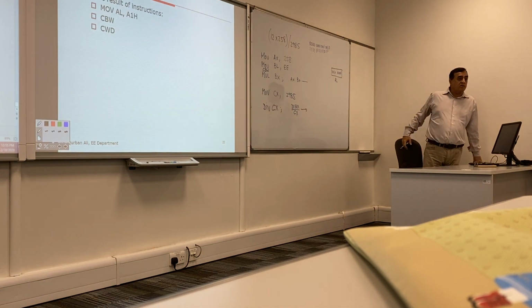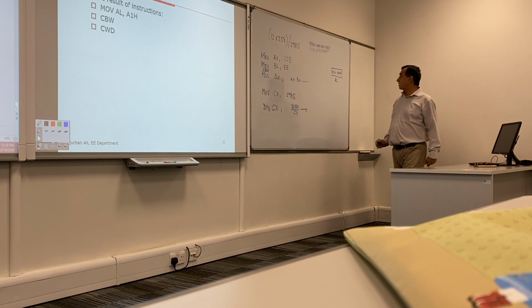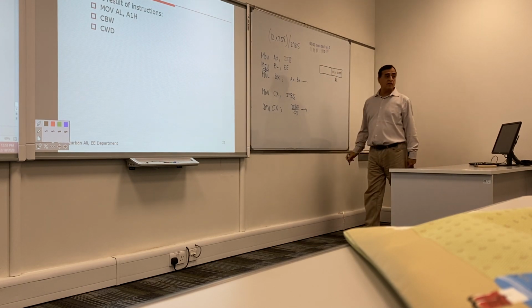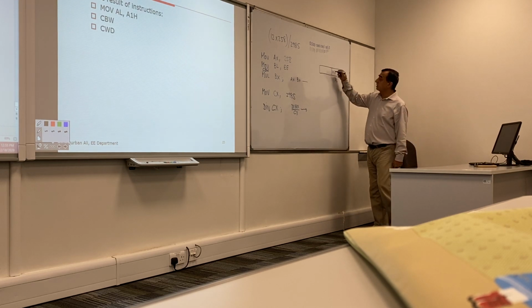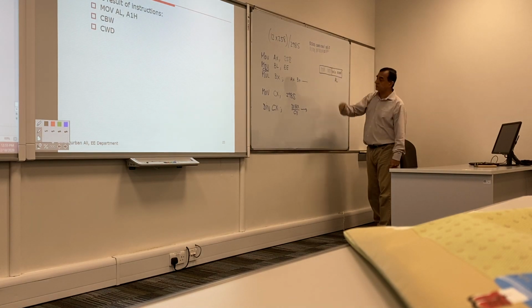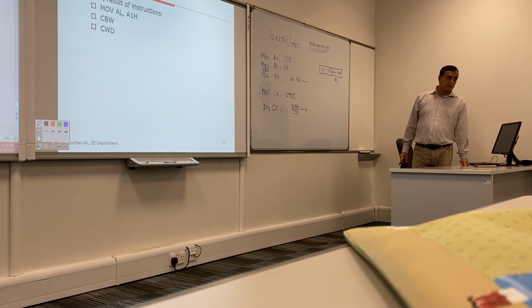What is the next one? Convert byte to word. So from byte, another byte, right? And what is the rule for it? Look for the MSB, right? Repeat it. 1 1 1 1 1 1 1 1. This became the second instruction.